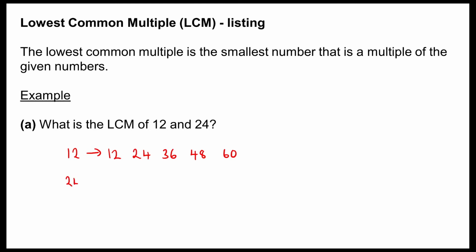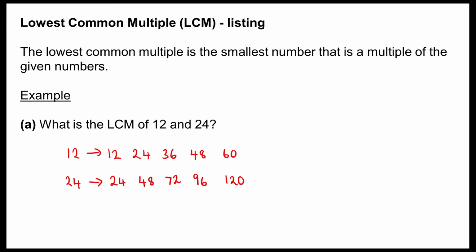The multiples of 24 start off with 24, 48, 72, 96 and 120. Our goal is to find the smallest number which is a multiple of both, or in other words, appears in both lists.